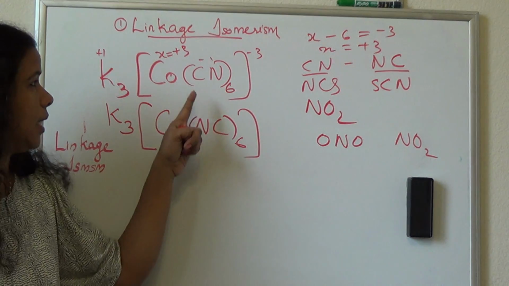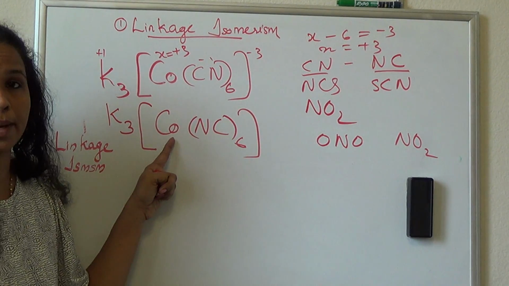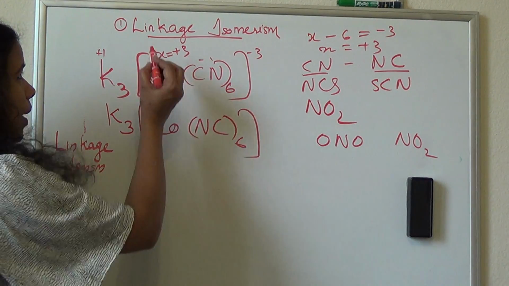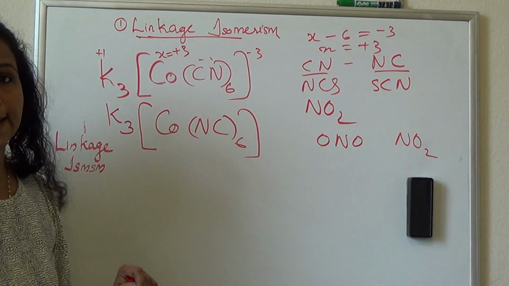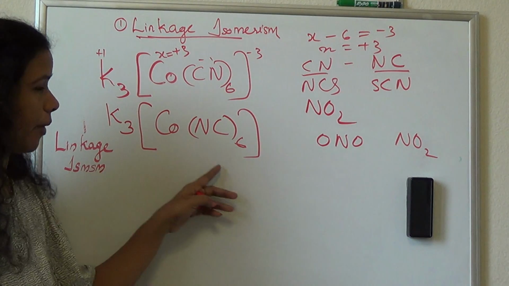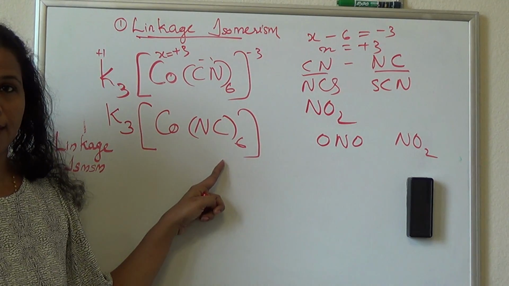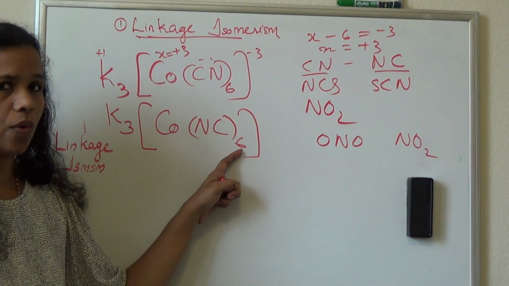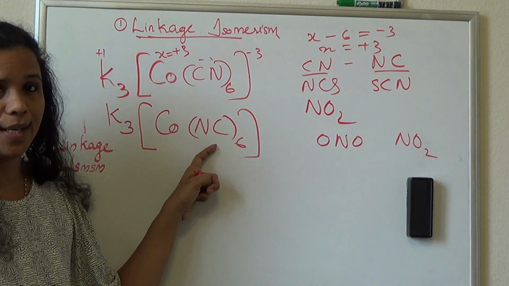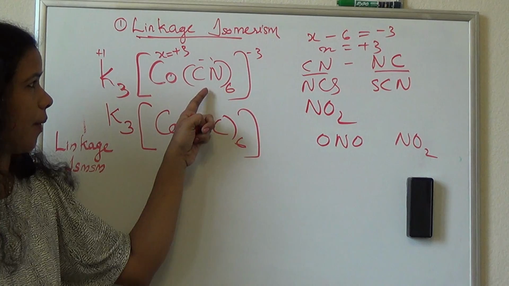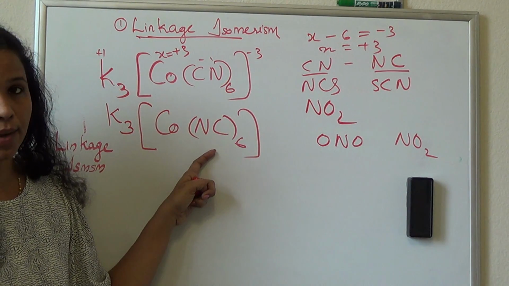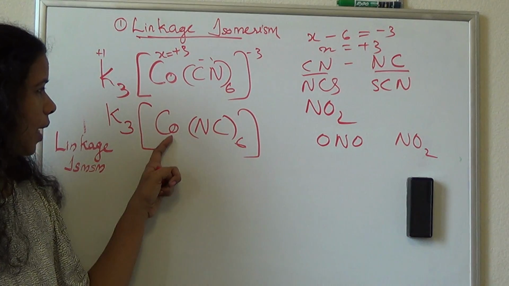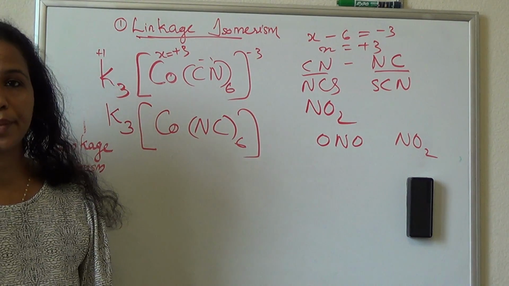So there is a difference in bonding to the central metal atom, or a difference in the linked atom. That is why it is called linkage isomerism. What is the name of this one? This is potassium hexa. This ligand is called isocyano. This is cyano and this is isocyano. Potassium hexaisocyanocobaltate(III).